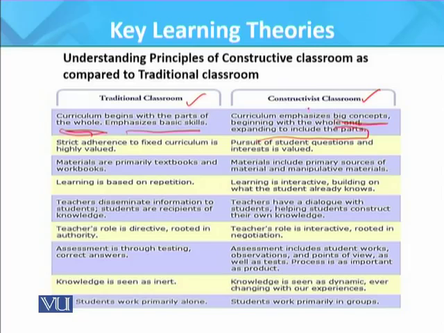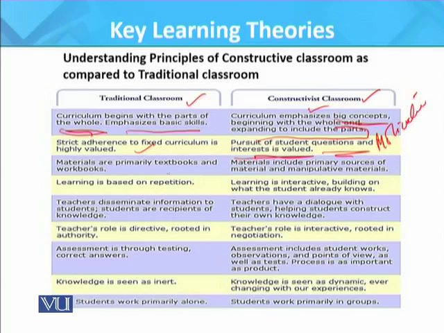So basically, the objectives are identified at the beginning, and then for the achievement of those objectives, the units or the parts are added. Now, in the traditional setup, we see strict adherence to the fixed curriculum, whereas in the constructivist classroom, the pursuit of students' questions and interests is valued. This develops motivation.